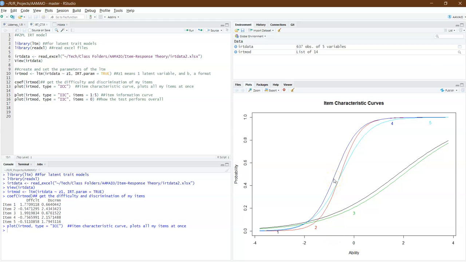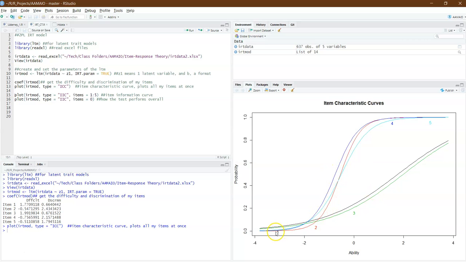So again, this is just a visual representation of what I found over here: items 1 and 3, the corresponding numbers are my items. So items 1 and 3, their 50% is over here. They're very difficult, but their slope is not steep, so they do not discriminate very well.